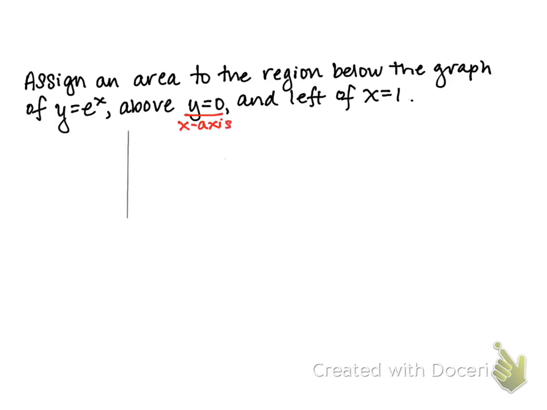There are our axes. I need a graph of x equals 1, we'll put that there. And then I need the graph of y equals e to the x. This is x equals 1. This is y equals e to the x.